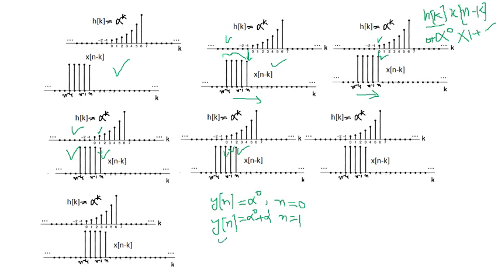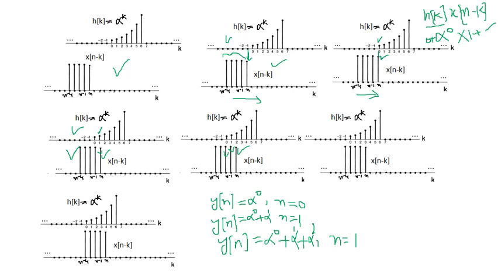So y of n equals alpha power 0 plus alpha power 1 plus alpha power 2, for n equals 2.